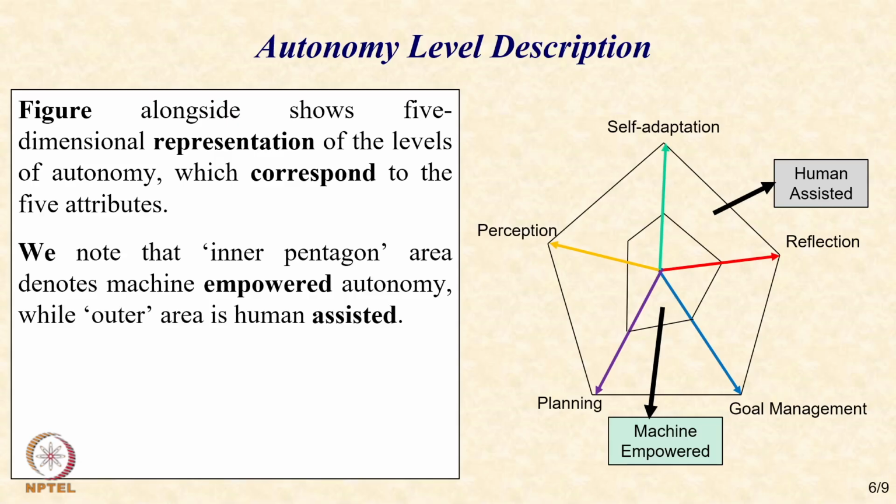And of course, it is quite intuitive to see that as the inner pentagon expands in different directions, our level of autonomy increases progressively, and at some point when the inner pentagon completely covers the outer pentagon, then the system would have become fully autonomous.